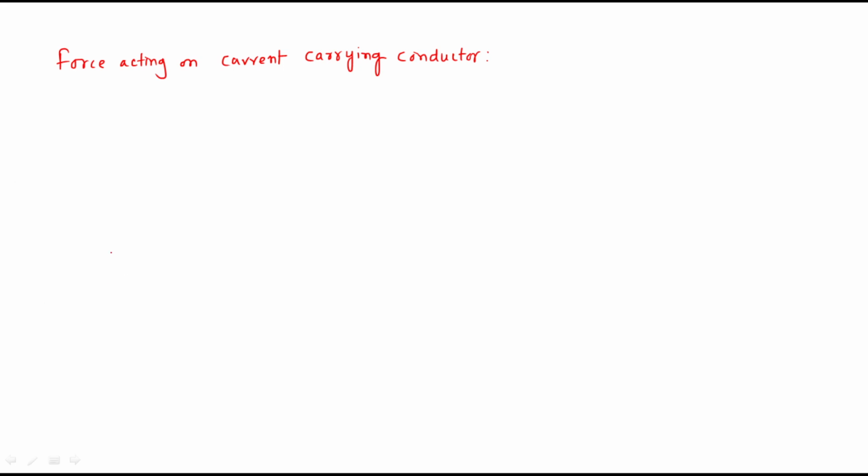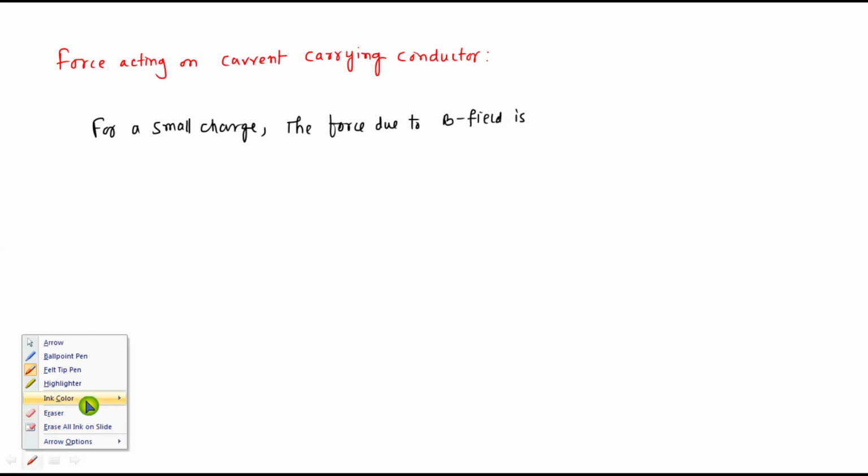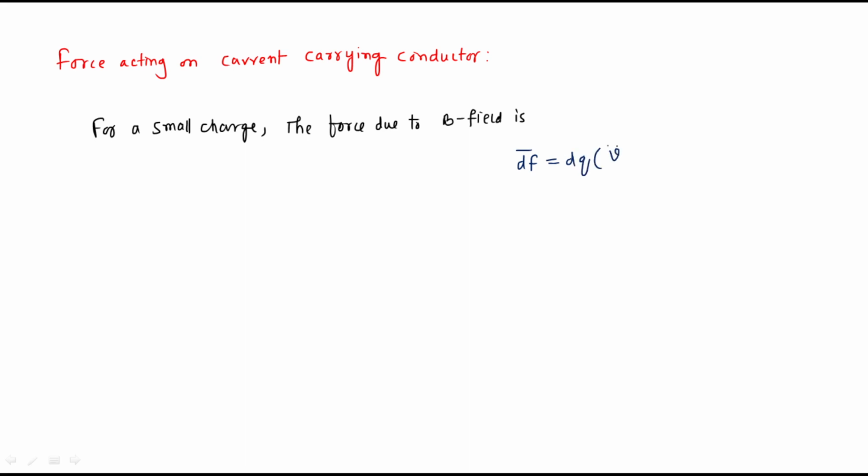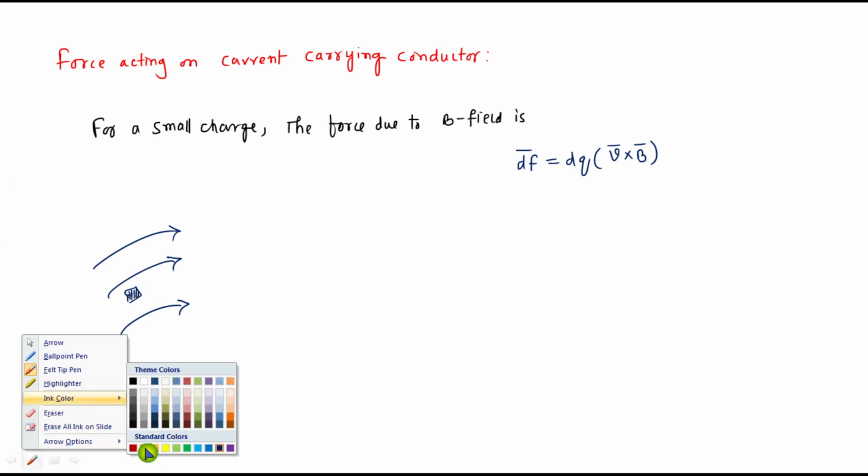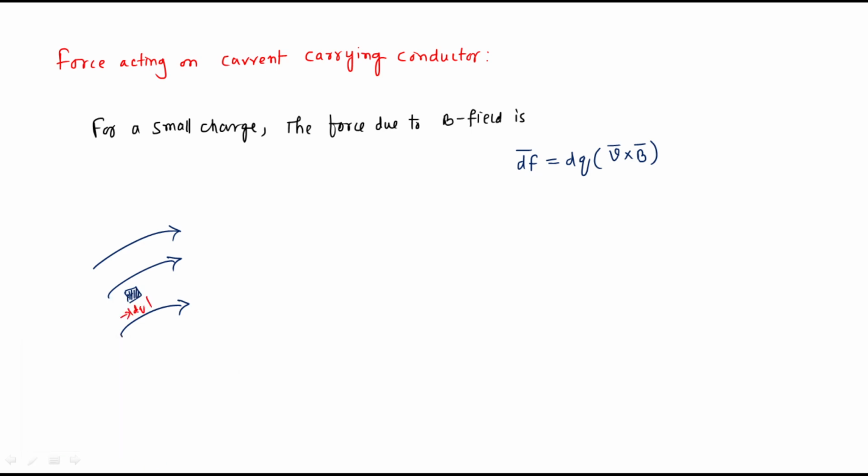The force on a small charge due to magnetic field, df, is dq into v cross B. Over this magnetic field we consider a small charge dq, with velocity v.